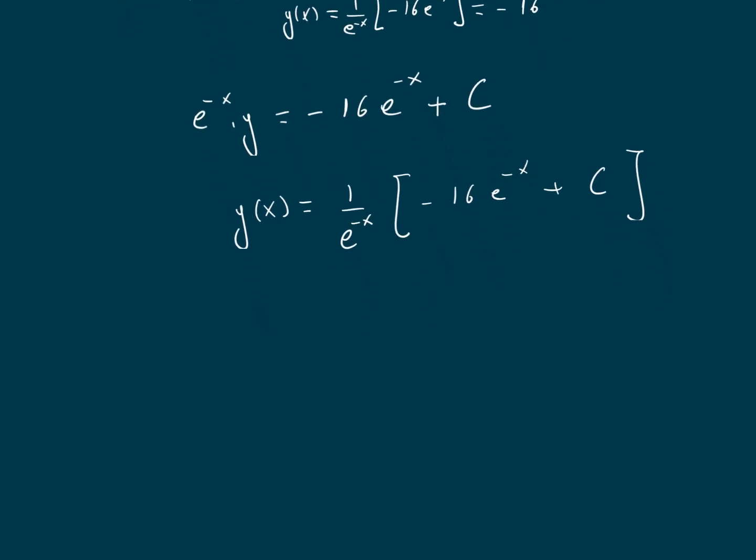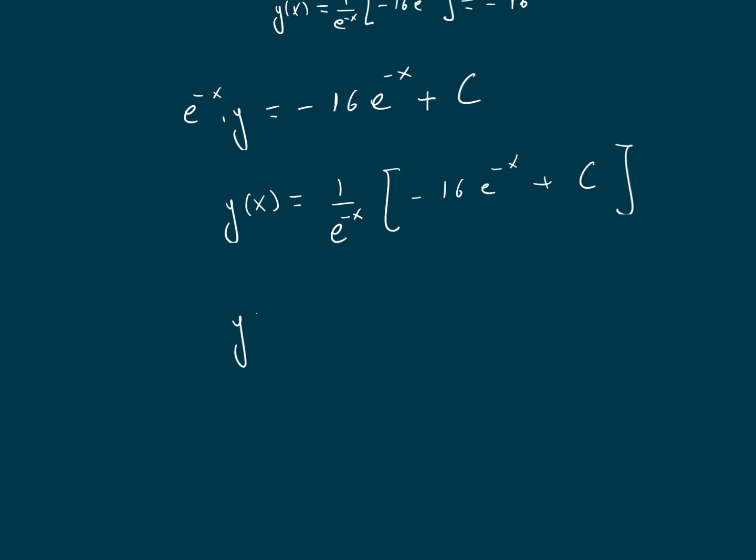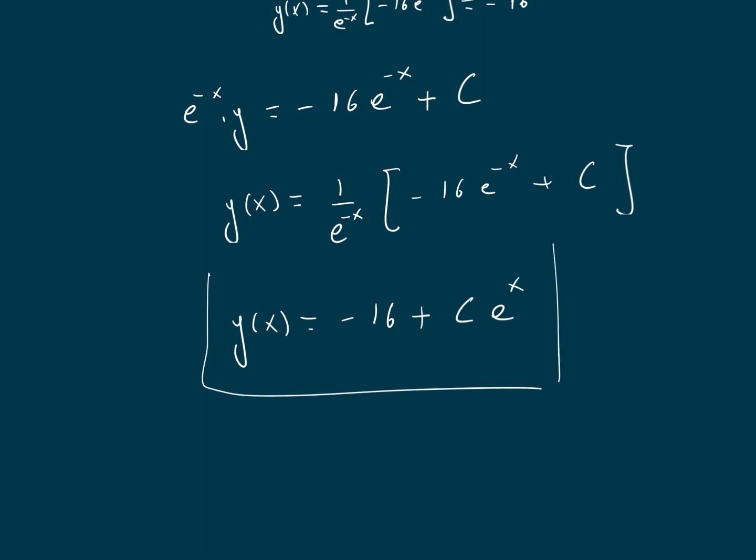So the solution is y of x equals minus 16, because e to the minus x divided by e to the minus x will be 1, plus c divided by e to the minus x, plus c e to the x. This is the solution to the differential equation.